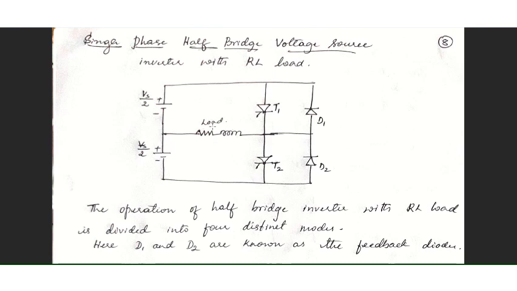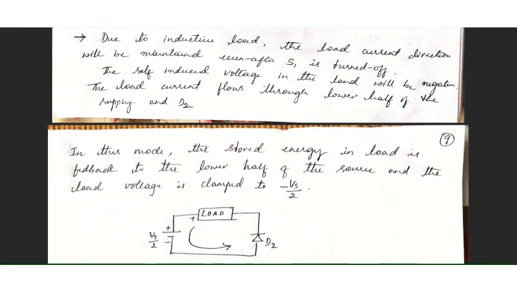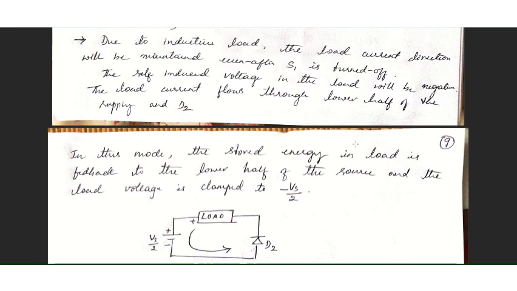Yes, so now assume that T1 is turned off. So now the energy that is stored is getting dissipated. So the current in the circuit will start flowing in this way, which is causing D2 to get forward biased. So D2 will be conducting. Because this is the current that is getting dissipated, the energy is fed back to the load.